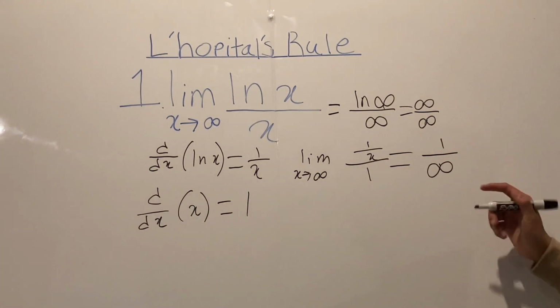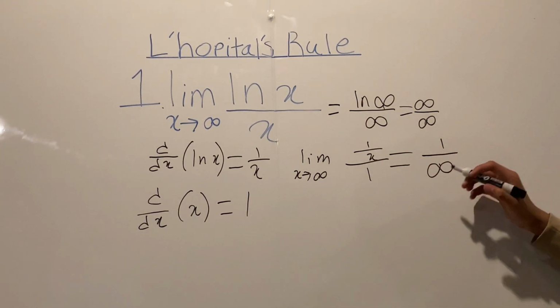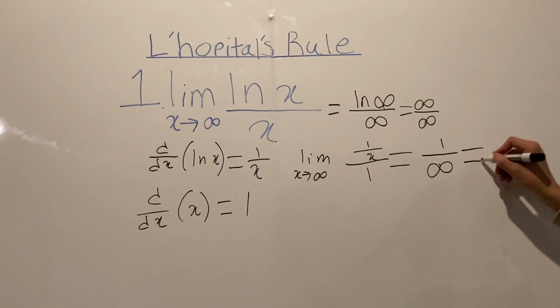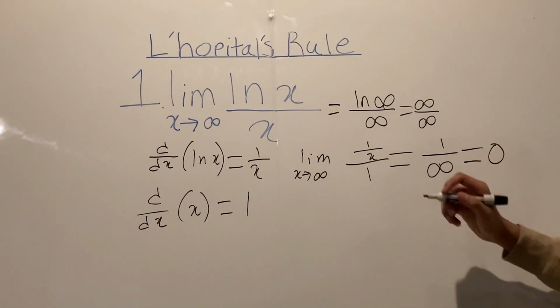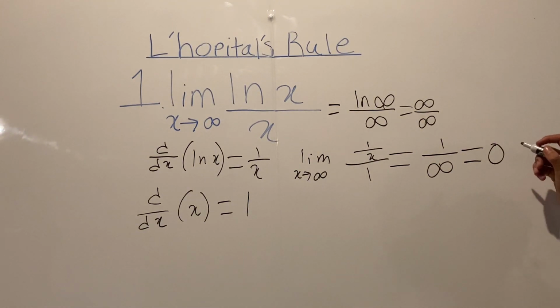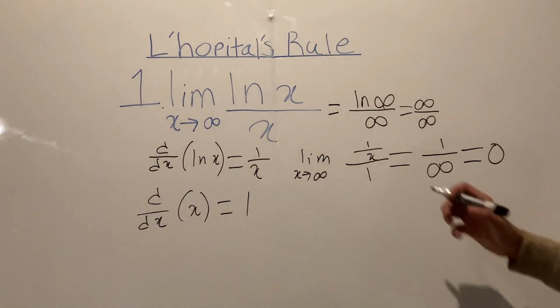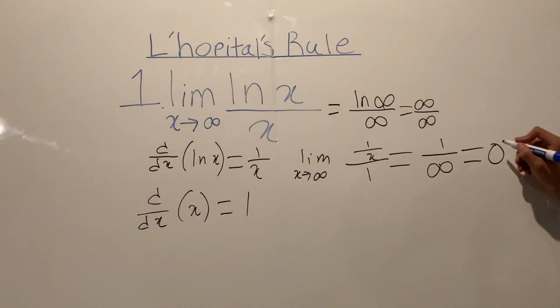Now this may look wrong, but when you're finding the limit of something and the denominator is infinity, this is going to be equal to 0. Because when you divide by such a large number, it's going to approximate to 0. And just remember, this is the limit, not the actual function. So when you find the limit of it, the answer is going to be 0. So we can box this in.